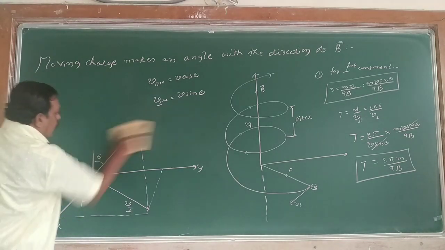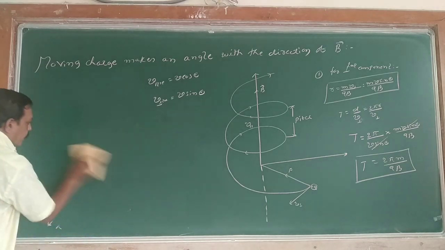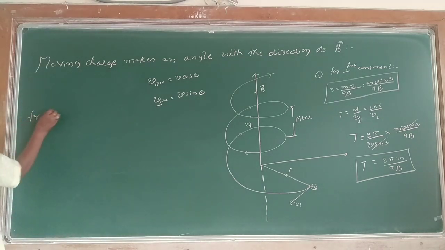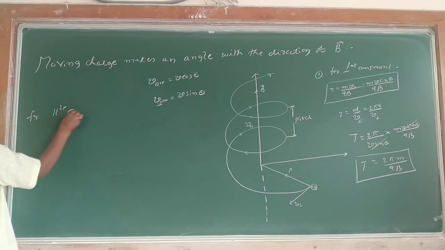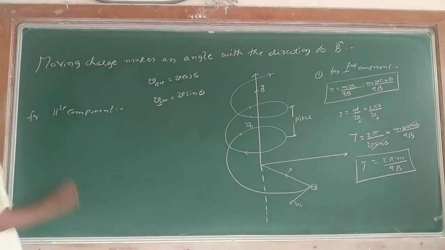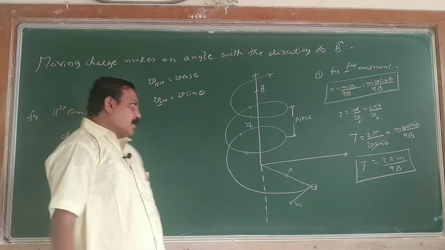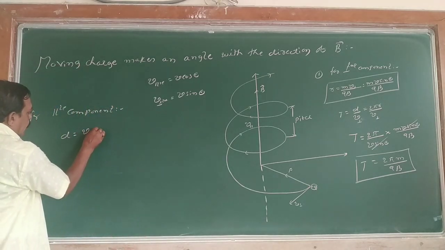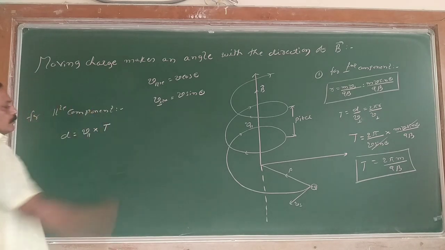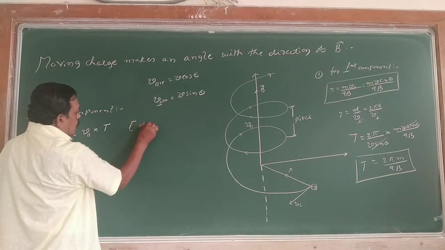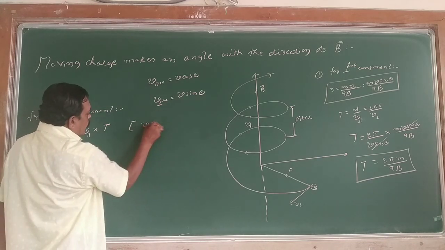For the parallel component, distance equals velocity into time, that is, distance covered in a particular direction. Distance equals velocity parallel into time. For one complete rotation, the time period is T. So distance equals velocity into time.